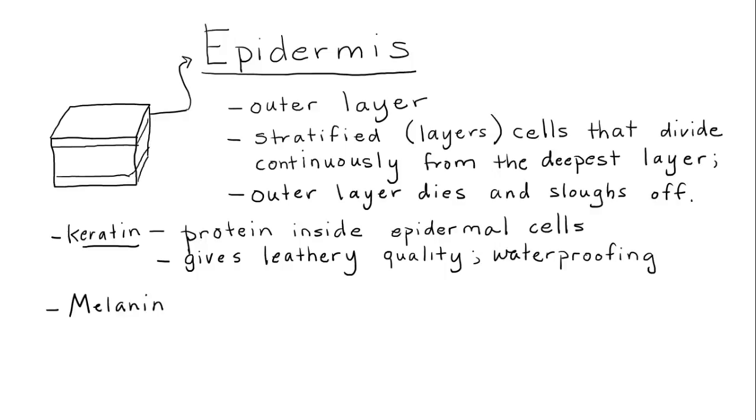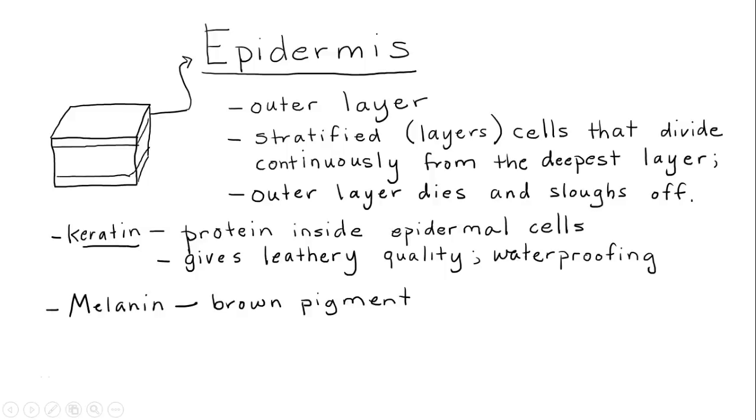Another molecule that you have in the skin is called melanin. This is a brown pigment. We all have this brown pigment in our skin, but some of us have more of it than others.